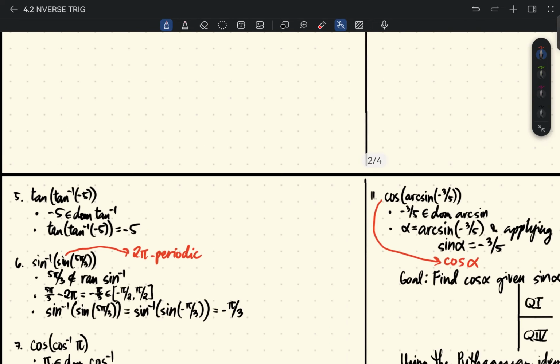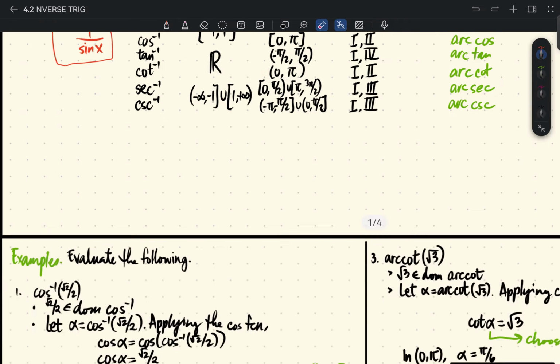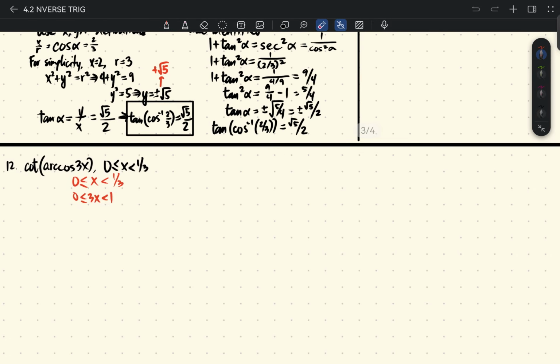And what's the domain of your arc cos? The domain of your arc cos is negative 1 to 1. And all the values of 3x are inside that interval. So we have shown that 3x is inside the domain of arc cosine.